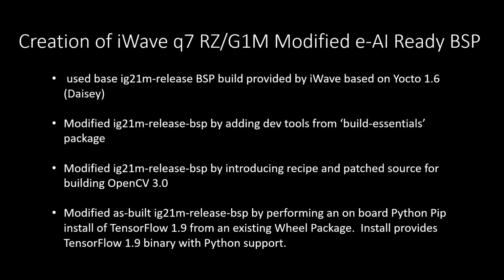In this case, we used the base IG21M release BSP build that was provided by iWave, and this was based on Yocto 1.6, Yocto Daisy. We then modified the IG21M release BSP by adding development tools from the Build Essentials package. We additionally modified the IG21M release BSP by introducing a recipe and patch source for building OpenCV 3.0.